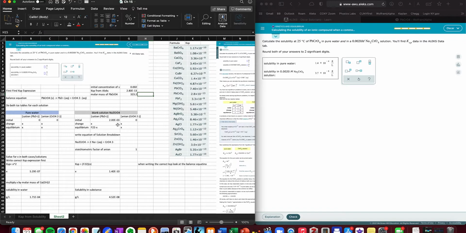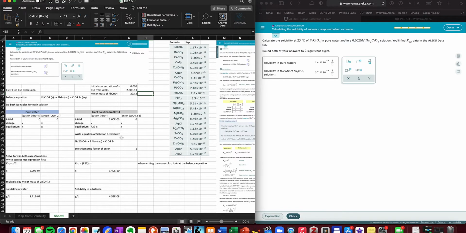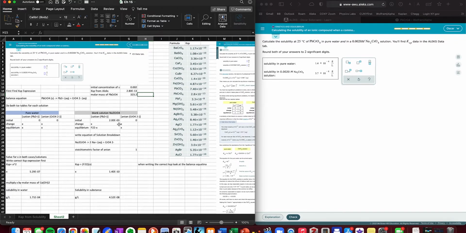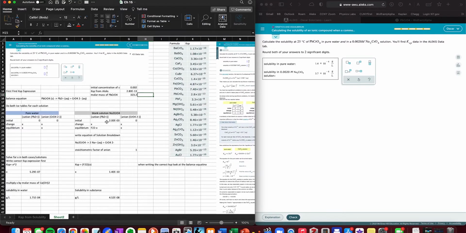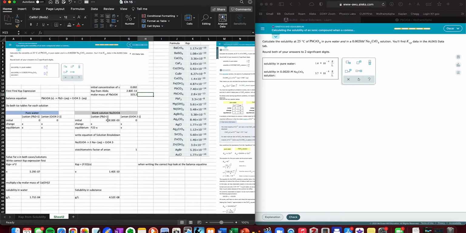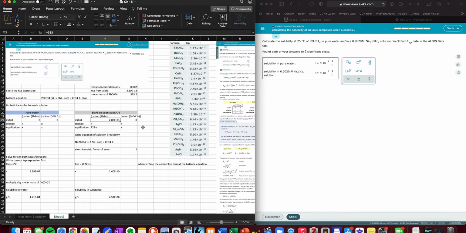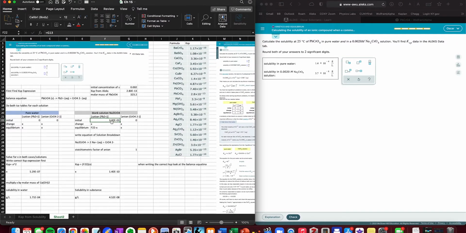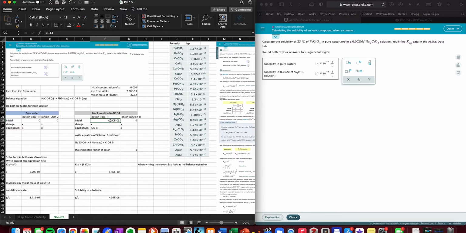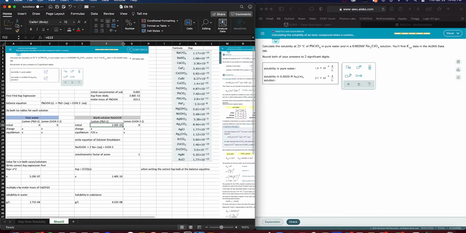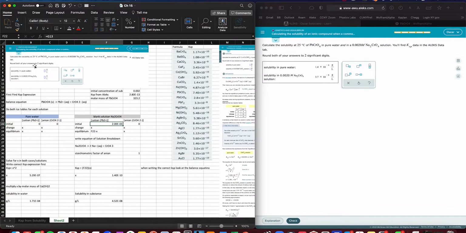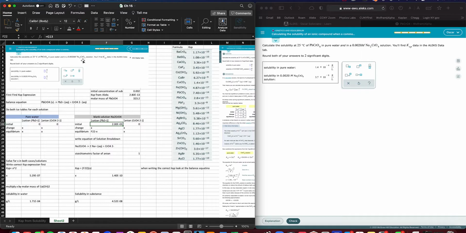Here, it's a little bit different. Oh no, this is the same as well. This is the initial concentration that you're given from the substance here.